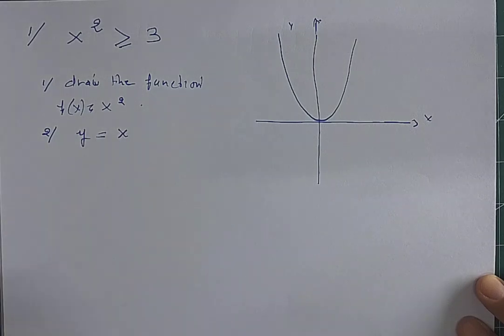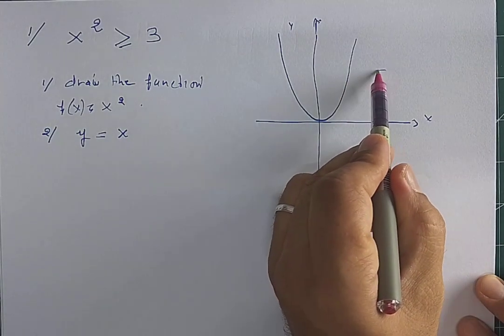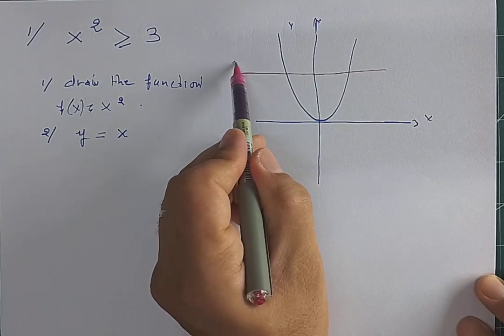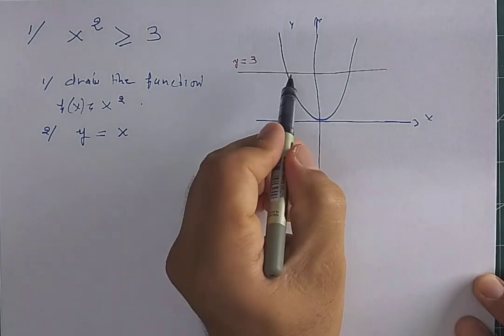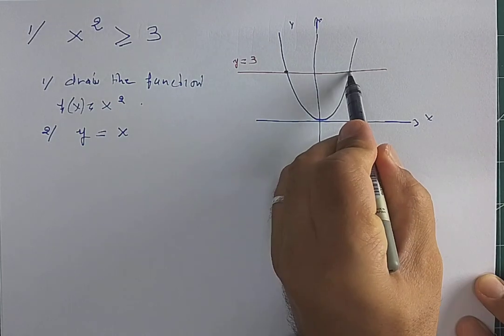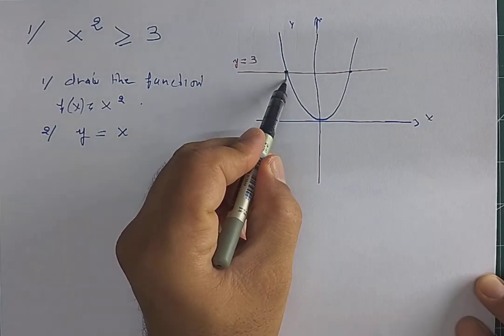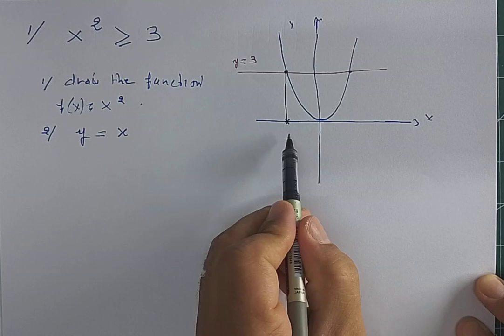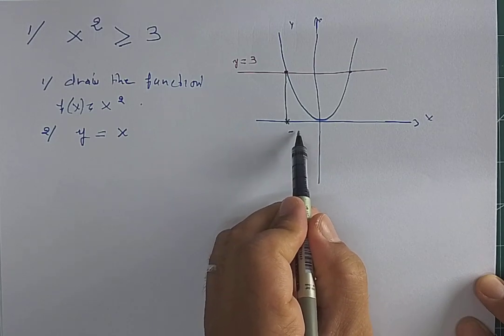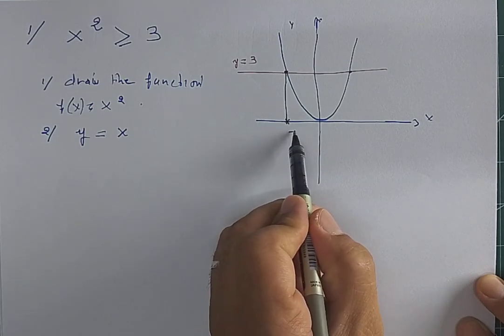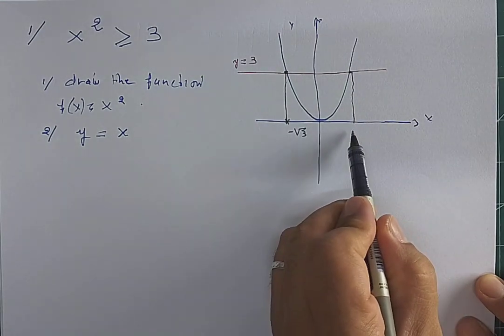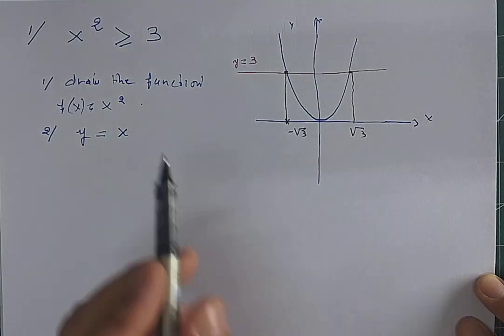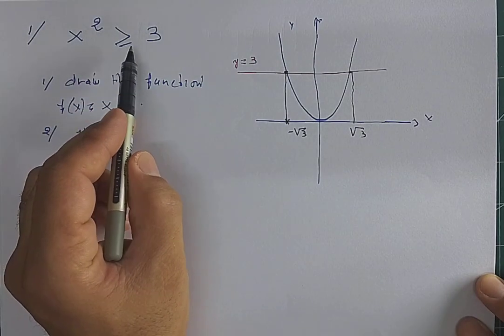So here y equals 3. The 2 points we have here, this is the first point, this is the second one. The first point, I know that here is minus root square of 3, and the second one is root square of 3, because here we have x squared more than 3.